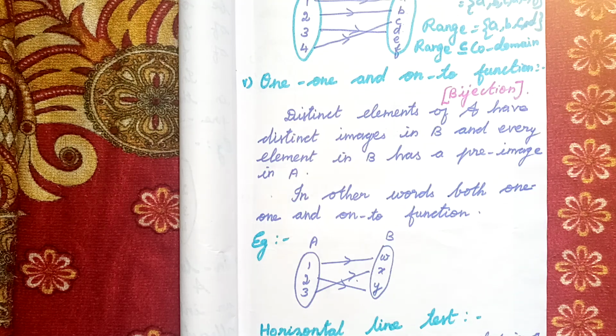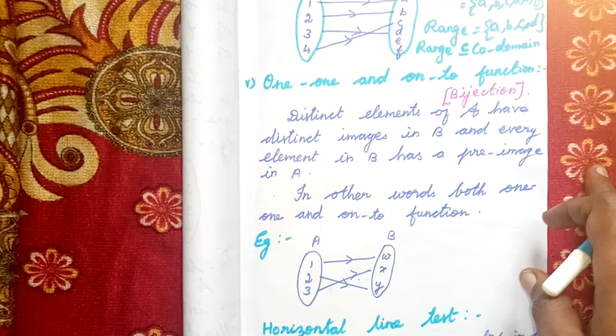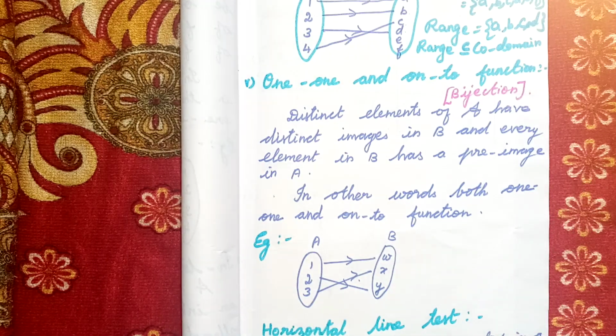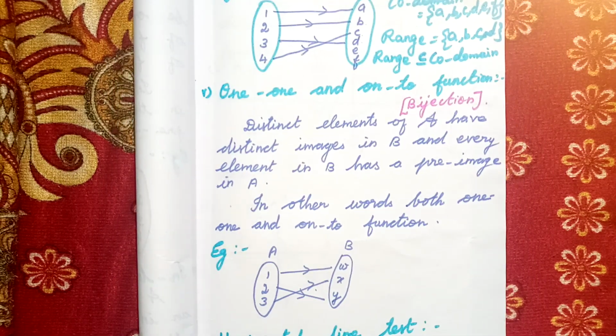Next, one-one and onto function. Another name is bijection. What is the other name of one-one function? Injection. What is the other name of onto function? Surjection.